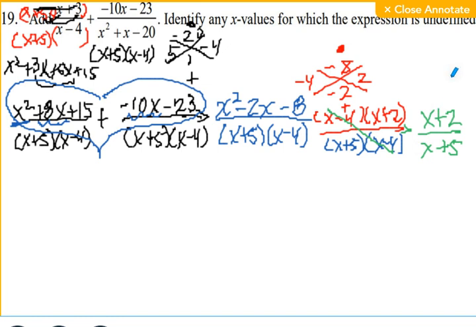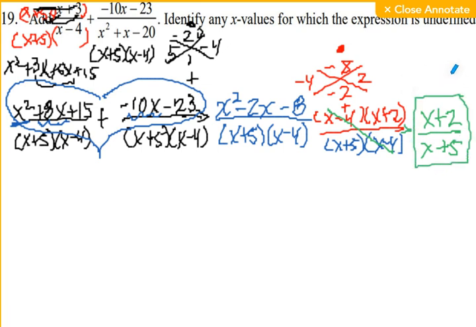Now, before we move on to the excluded values, tell your neighbor why we cannot cross out the x's at the end as a giant 1. Exactly. We can't do giant 1s because there's addition and addition. We can only do that when there's multiplication.